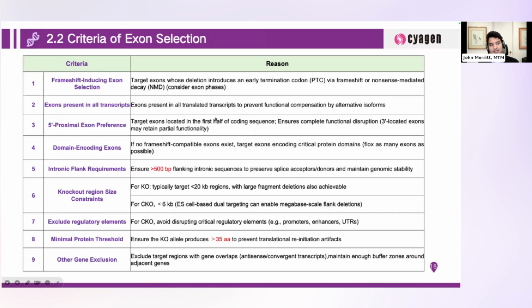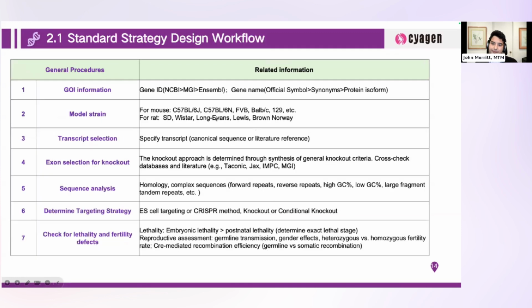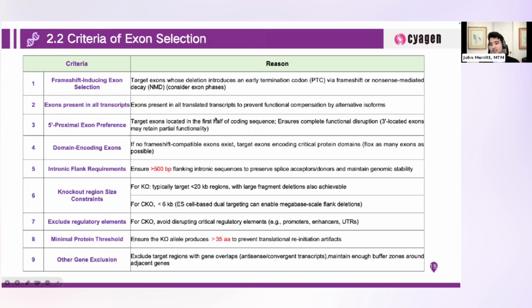So this next slide is on how we pick an exon. This is jumping off the first slide here. How do we pick an exon? This slide is just the criteria that we use to pick an exon. These aren't hard and fast rules. These are just how we think about picking out exons to knock out for our customers. And remember, we're doing all of this before the customer buys, right?